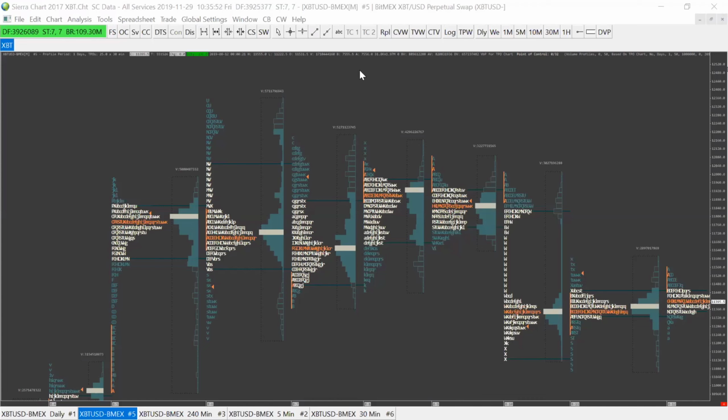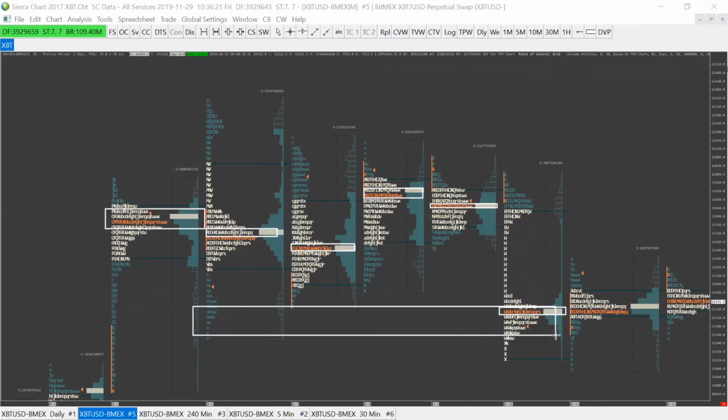So in this example here, the point of control is highlighted on the profile in orange and on the volume profile in cream. Okay. And you can see on each of these days, it's more or less within the value area for this range. And then on the 6th day, the point of control migrates to the lower end of the range. So down here, okay, areas at which price was previously rejecting.